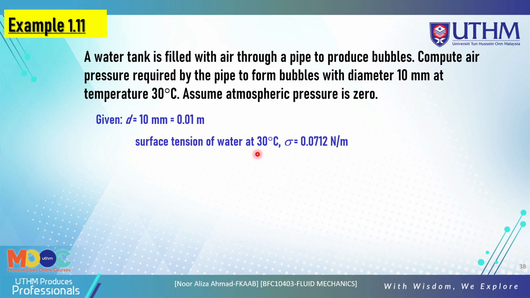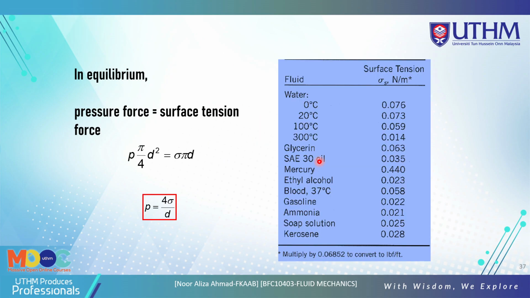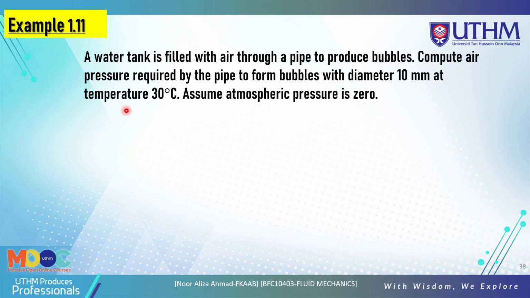The surface tension of water at 30 degrees Celsius is based on this table. The table gives you 0, 20, 100, and 300, so for 30 degrees Celsius you must convert to this temperature.